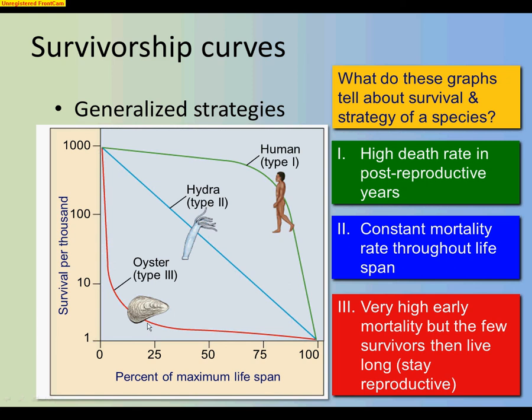However, if you can make it to 25 years or so, that oyster is set to live for a very, very long time, and they stay reproductive for a very, very long time. So we've got just a different look to our graph here, and we'll talk about trends and ways that you can characterize how these lines and the slopes of the lines work.